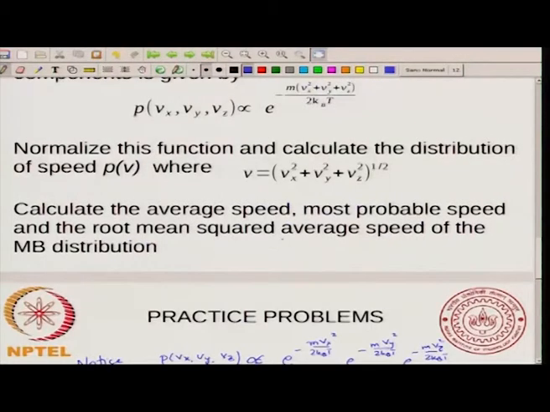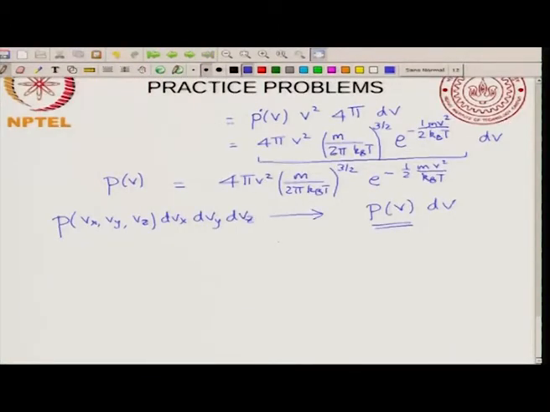Now, the next thing is to calculate the average speed, most probable speed, and the root mean square average speed of this Maxwell-Boltzmann distribution. Okay. So, the average speed, V is equal to square root of Vx square plus Vy square plus Vz square. Okay.